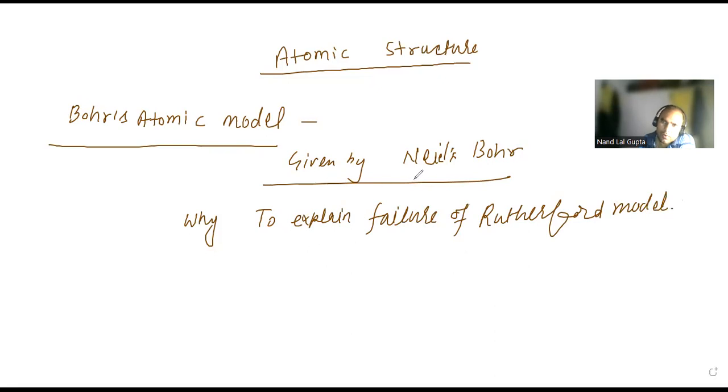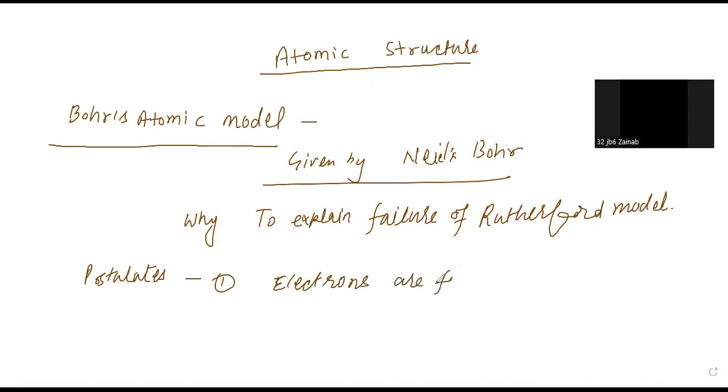Now, let us write down the postulates. Postulate number one: electrons are filled in only those orbits which have fixed energy level.